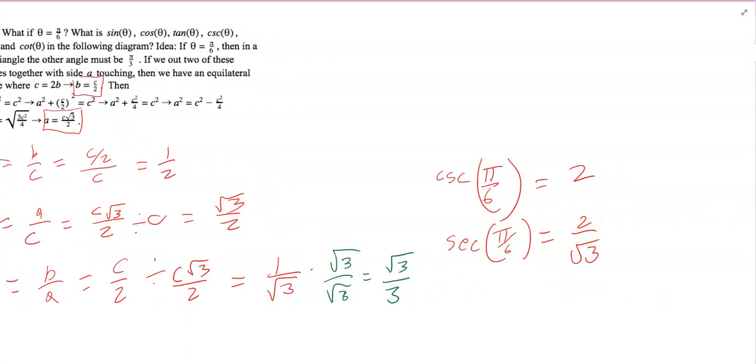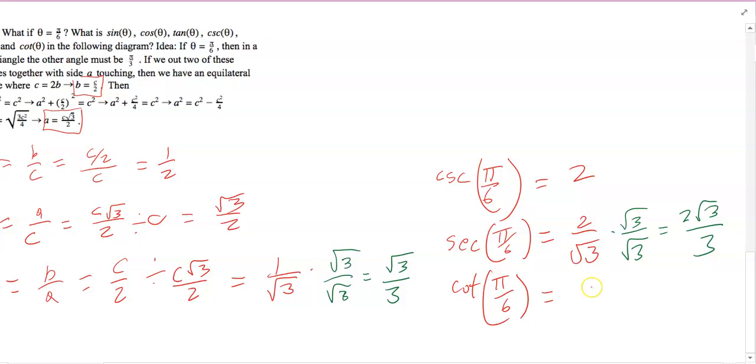If you rationalize that, times root 3 over root 3, we end up with 2 root 3 over 3. And then, finally, cotan of pi over 6 would be 1 over 1 over root 3. Flip that, that simply becomes root 3. Right? So the cotan is root 3.